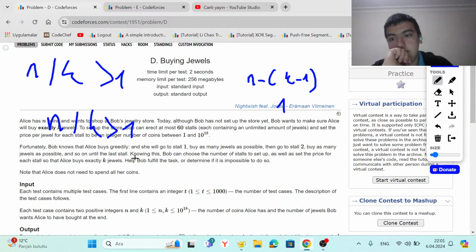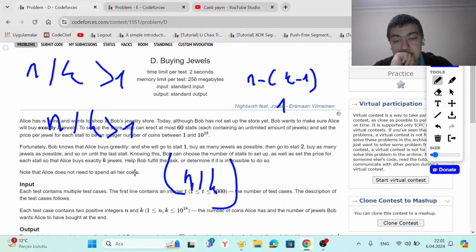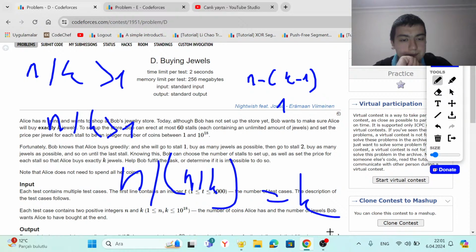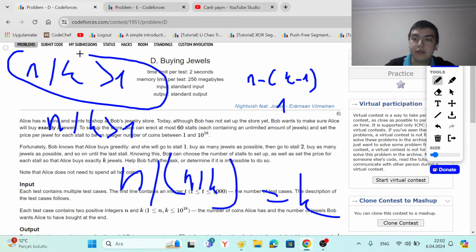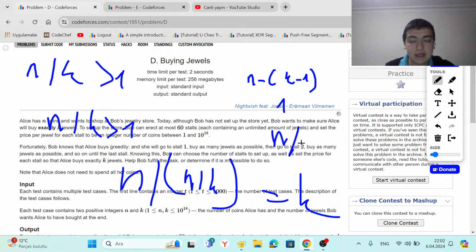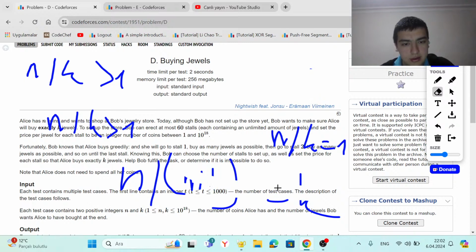So you can use n divided by k, so that n divided by k will equal k. And otherwise, we can look at the case that n divided by k equals 1. Let me do it here.